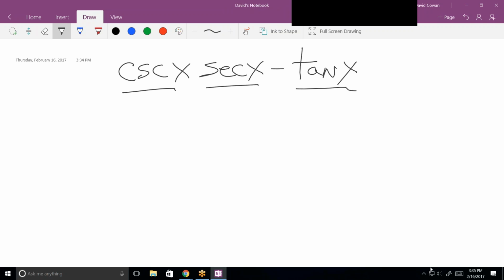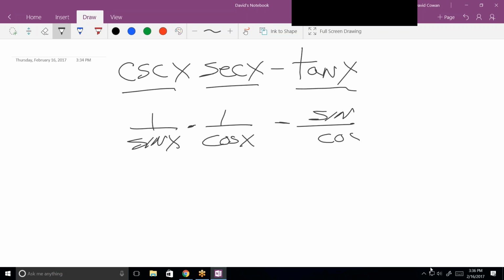So what's cosecant? 1 over sine. What's secant? 1 over cosine. And what's tangent? Sine over cosine.